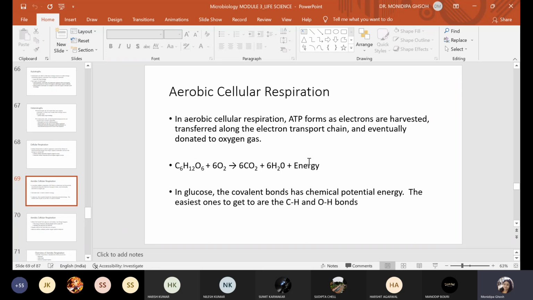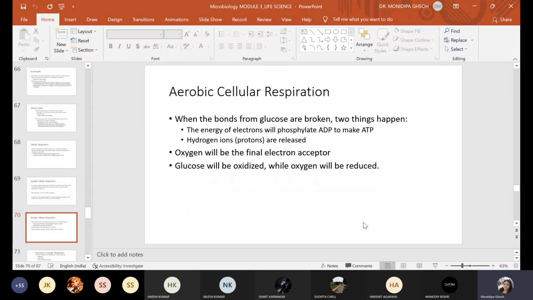Understood? In glucose, the covalent bonds hold chemical potential energy. The easiest ones to get to are the C-H and O-H bonds, and the breakdown of these bonds happens during respiration and energy is released. It is the simplest form to understand respiration.